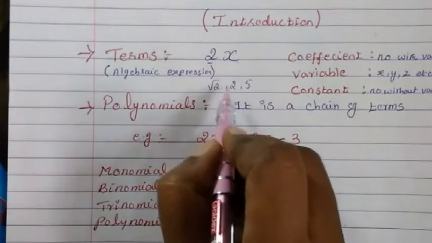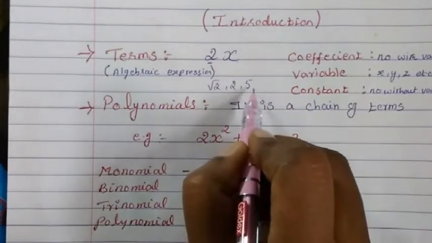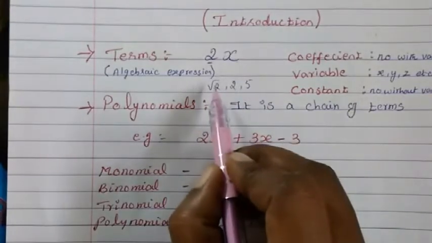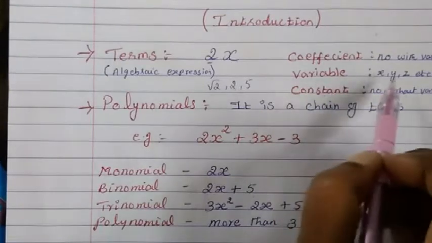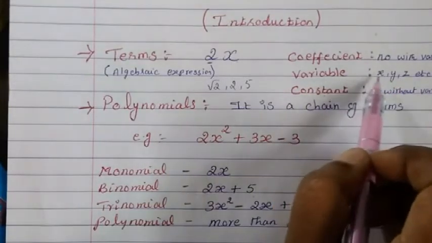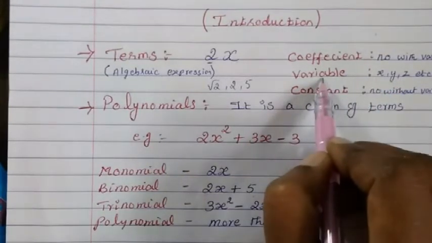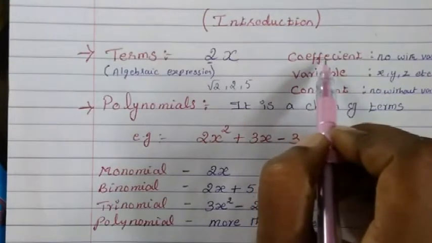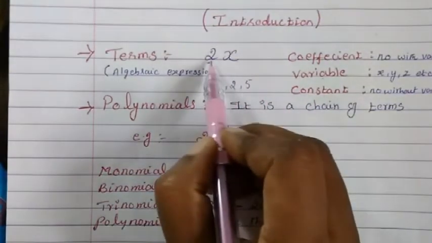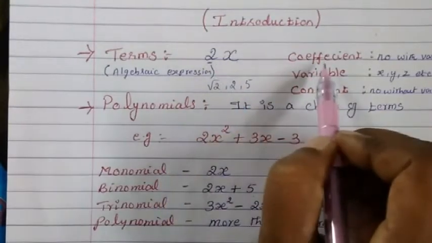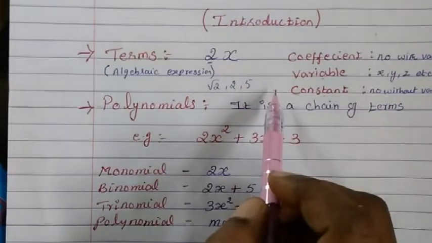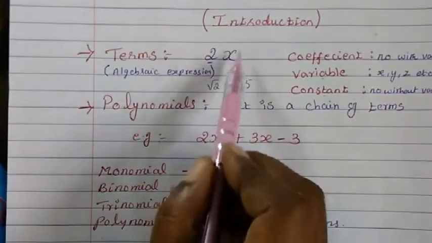Here you don't have any x, y, z, here also no x, y, z. So just a single number is known as a constant. X, y, z, where the value changes, are known as variables. Coefficient means a number with a variable. So anywhere you see a number with a variable, that is known as a coefficient. I hope this part is clear to you now. So this is known as a term.